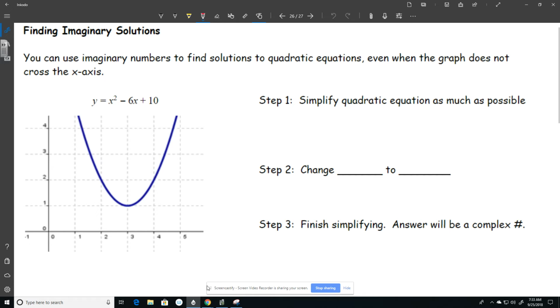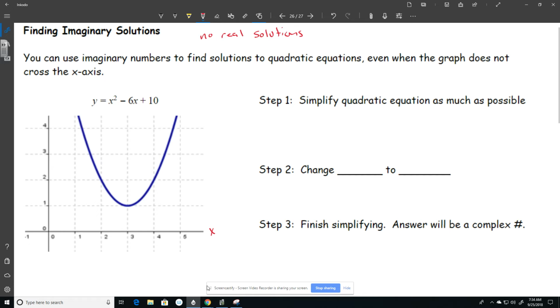All right. So now let's apply this to something that actually matters right now in this unit and what we're trying to do. We found that if x squared minus 6x plus 10 does not cross the x-axis, we said there are no real solutions. That's different than there not being any solutions, because technically there are solutions.